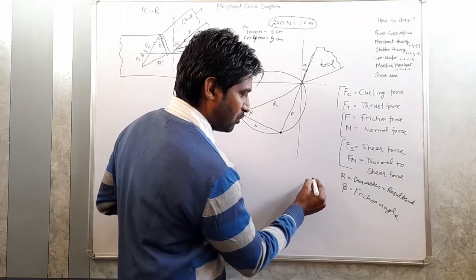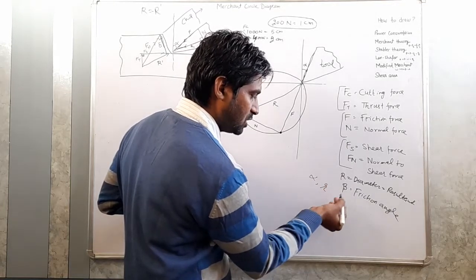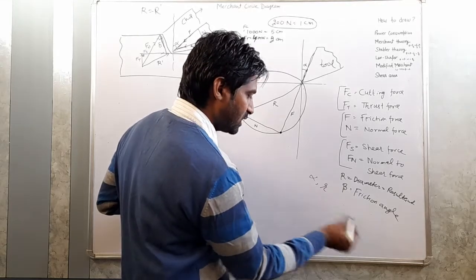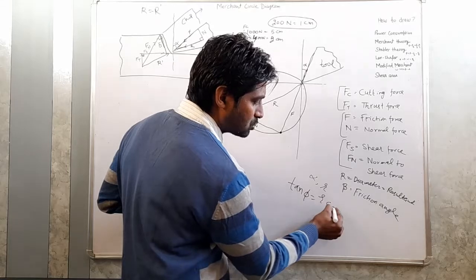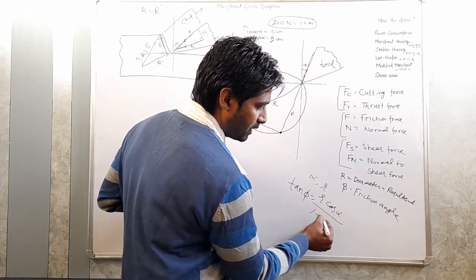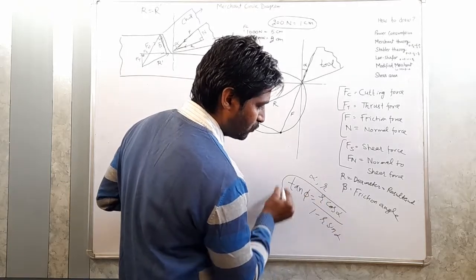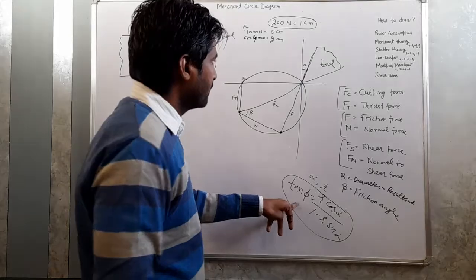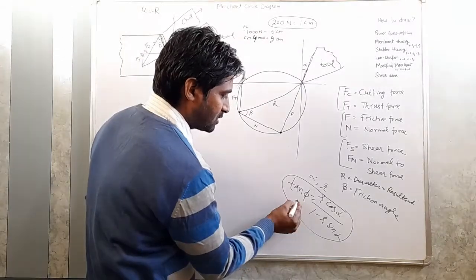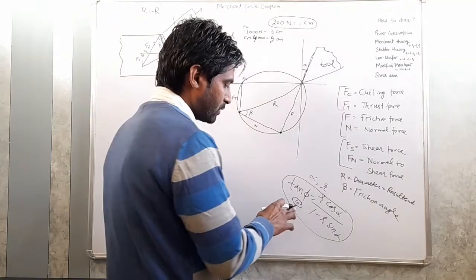If we know the value of alpha, the rake angle, and we know the value of r, that is the thickness ratio t1 by t2, then we can calculate tan phi equal to r cos alpha divided by 1 minus r sin alpha. So this will give the value of phi. From here we will calculate the value of phi, and suppose this is like 10 degree or 20 degree, whatsoever.